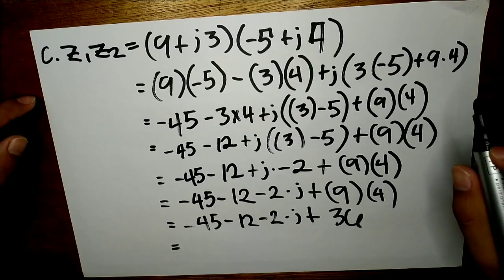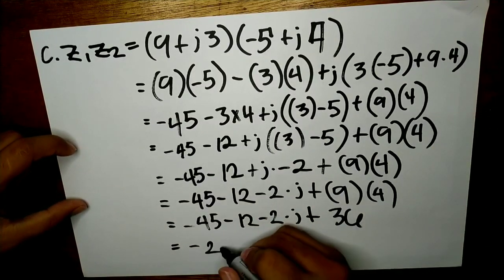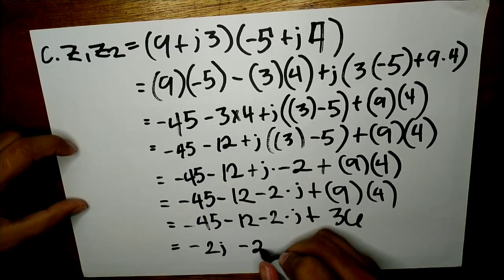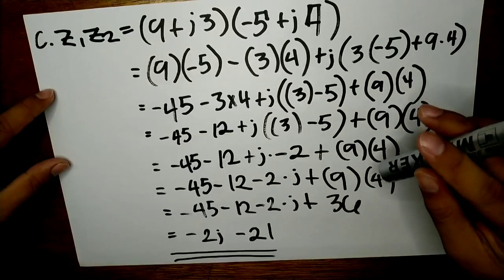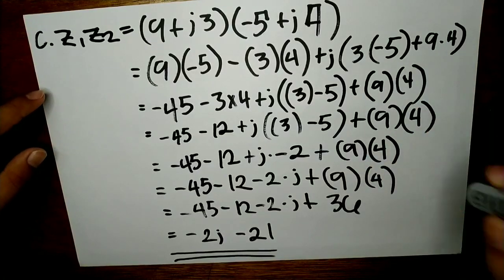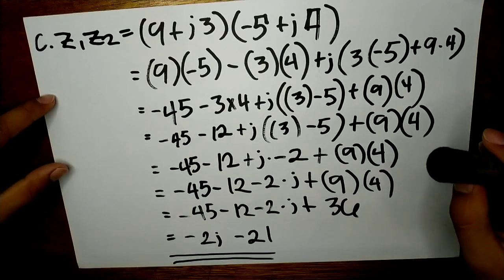So the result will be the final answer, which is this one. So the final answer is negative 2i minus 21 for the letter C problem.